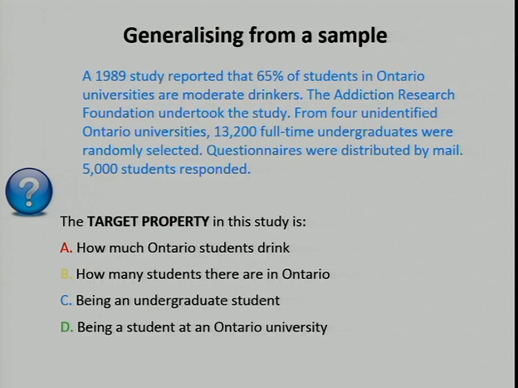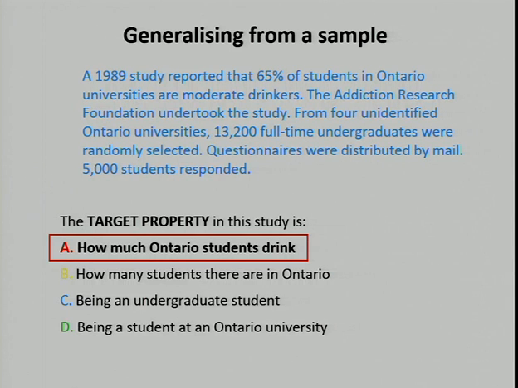Target property. What is being investigated here, or most likely being investigated? How much they drink, how many students there are, being an undergraduate student, being a student in Ontario. What's the target property? A. So actual alcohol consumption, how much they're actually drinking, good.